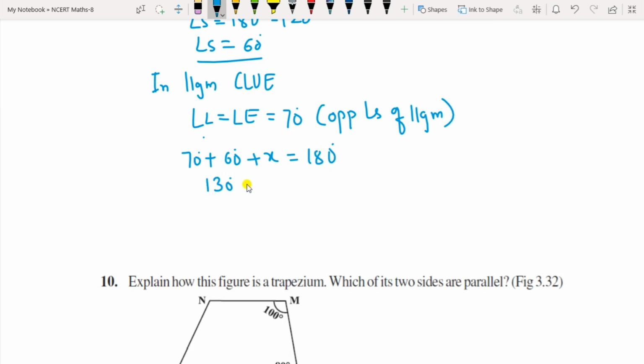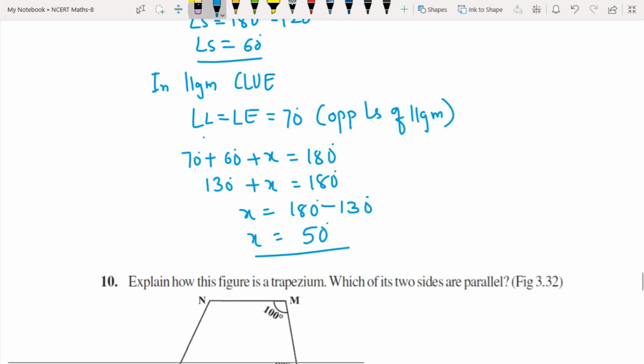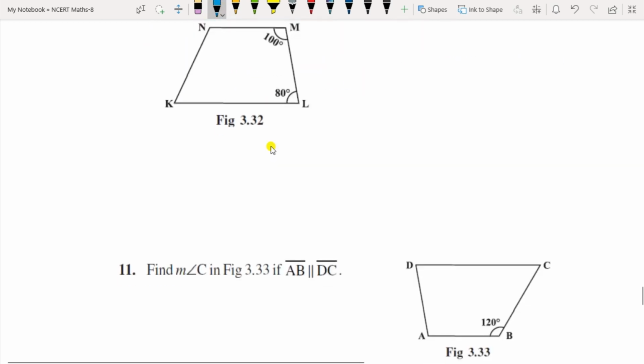This is 130 plus x equal to 180. So x equal to 180 minus 130, that gives x equal to 50 degrees. So this is the value of x here. This way you have to solve it.